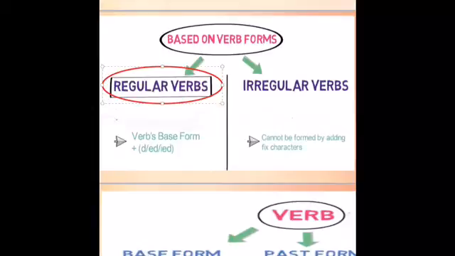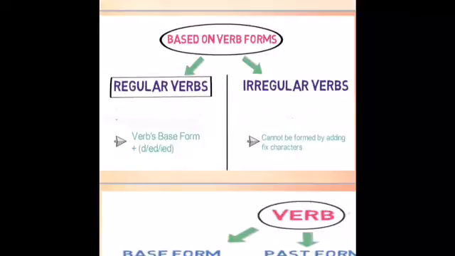Regular verbs are the base form plus, as it says inside the parentheses, d, ed, or ied. We need to add d, ed, or ied to the verb in the base form. This is only for regular verbs.